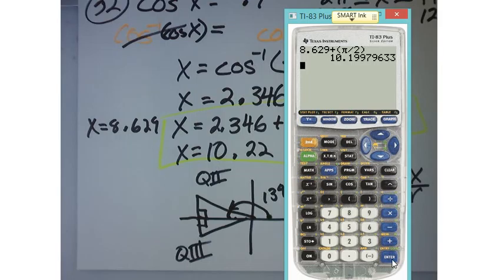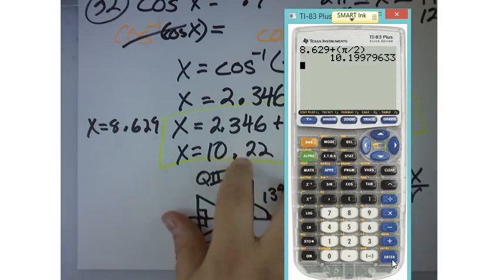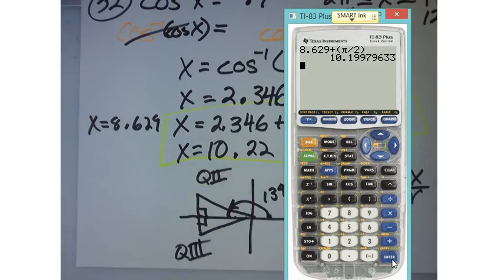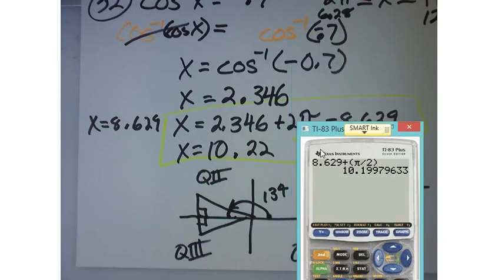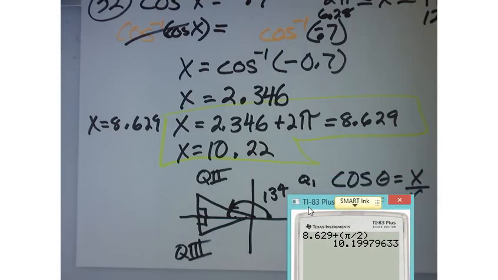Now we're rounding some decimals and stuff, and that's why you have 10.22 versus 10.199. But that's where that comes from. So what did we learn about that? How could you do that quickly in a minute and a half?